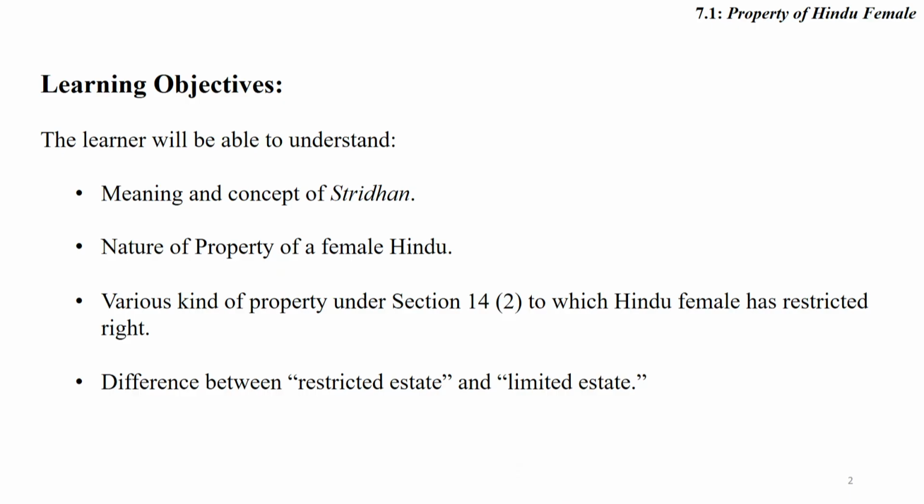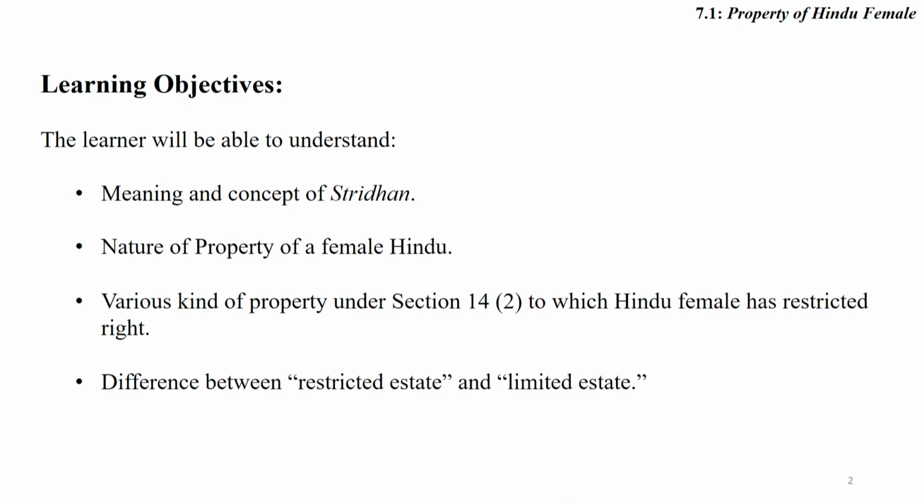Friends, property of Hindu female is a controversial topic, because one of the narratives is that no property right was available to women. By this discussion, the learner will be able to understand certain points.